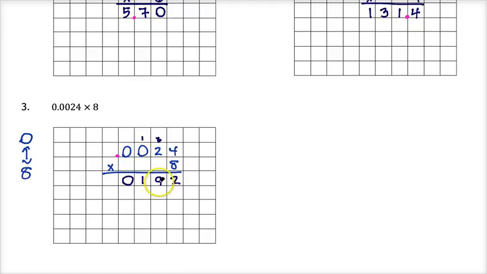So we get 0, 1, 9, 2 here, and look at how many places were to the right of the decimal point in our original decimal. There were 4, so we need to put 1, 2, 3, 4 places to the right of the decimal in our answer, and we get 0.0192. Like we said, our answer needs to be between 0 and 8. It is. It's a lot closer to 0, which is what we expected, so this seems like a reasonable answer.